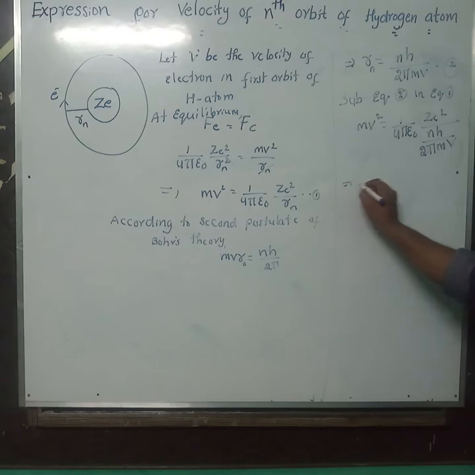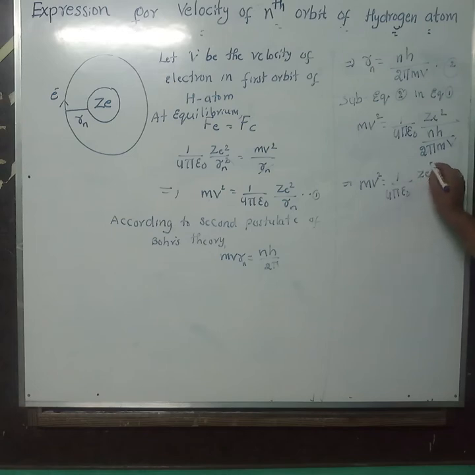That implies mv square is equal to 1 by 4 pi epsilon naught Z e square into 2 pi mv by nh. What cancels here? Pi cancels, mv gets cancelled.